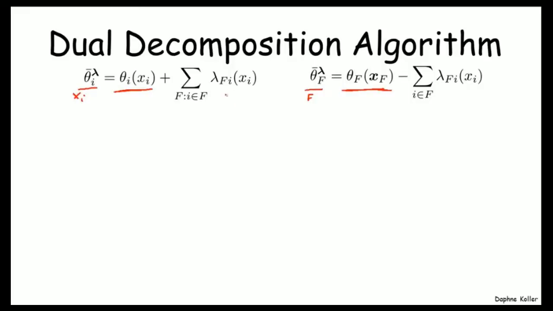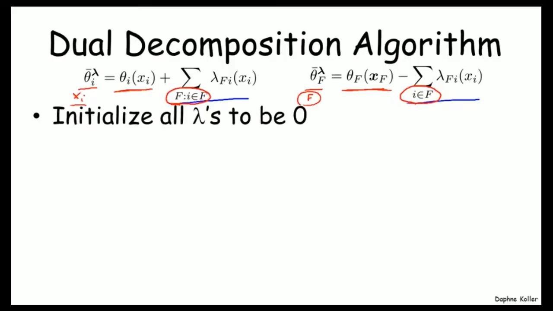But in addition, we're going to introduce for each of those a set of terms that modify its objective function so as to get it to agree with the other slaves. Specifically, we're going to try and get the i slave to agree with the factors f in which i appears, and conversely, we're going to try and get the f slave to agree with the slaves of the variables in its scope.